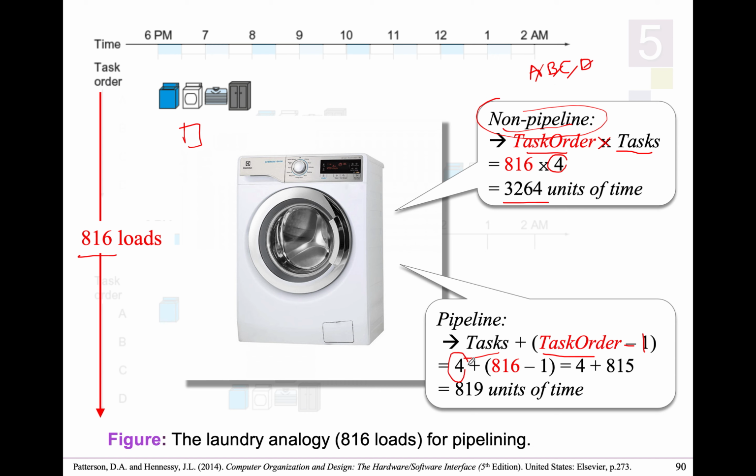That's why you put 4. And then you deduct your task order by 1. So everything will be deducted by 1. That's why you get 816 minus 1 equals 815. But you can see this one is time because you need to wait until the first finishes. But it's going to be done in parallel, so you are going to add plus. Later on you will see the equation.